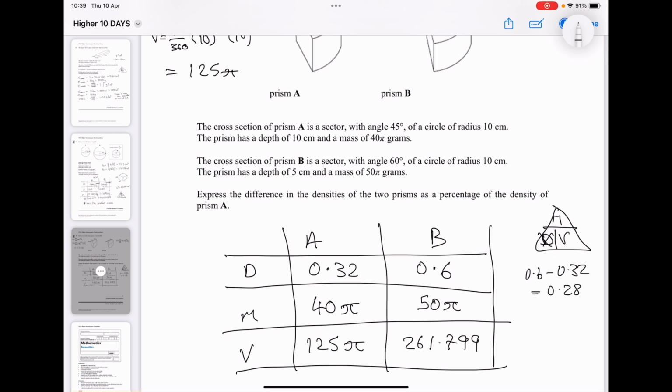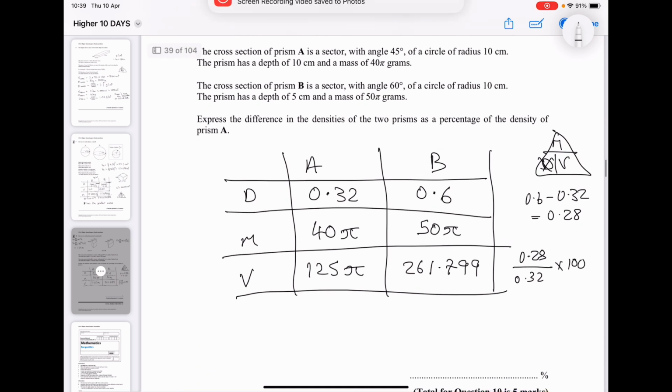As a percentage of the density of prism A, which is 0.32, I've got 0.28 divided by 0.32. If I times that by 100, that will give me the percentage. So 0.28 divided by 0.32 equals 87.5%.